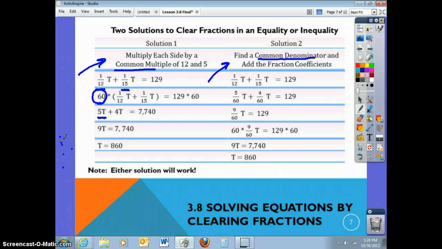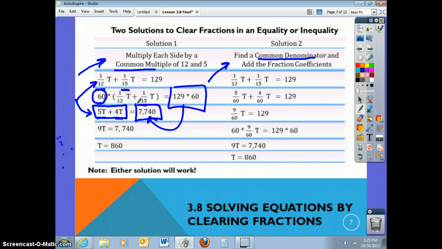And then the 60 and the 15 cancel, and I get 4t. So that's what happens on my left-hand side: 1/12 t plus 1/15 t becomes 5t plus 4t. But make sure you do the same thing on the right-hand side as well to maintain equality.